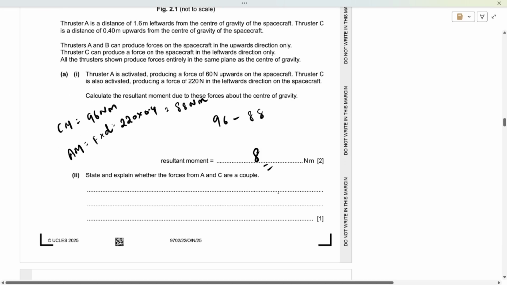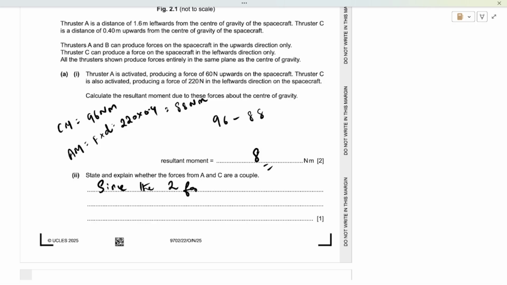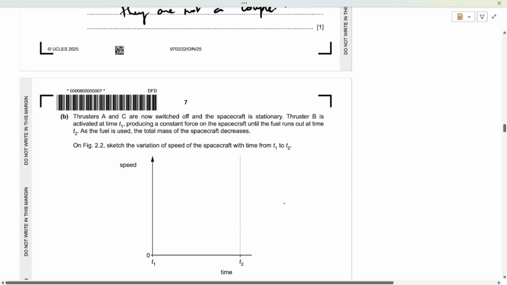So we need to explain that since the two forces are not equal, they are not a couple.